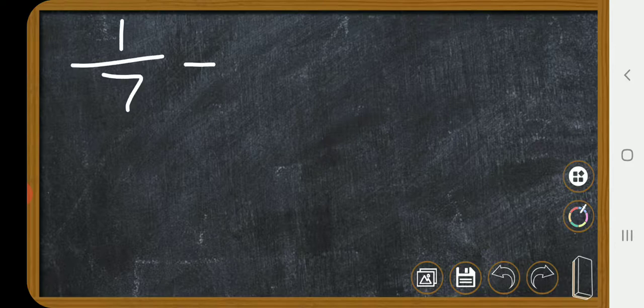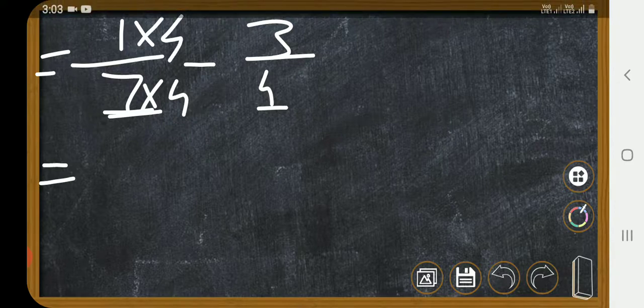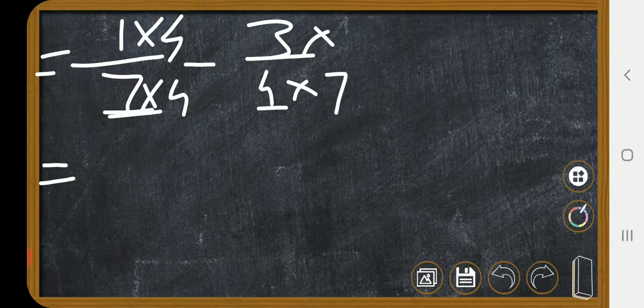1 upon 7 minus 3 upon 4. Okay, the denominator is different. You cannot convert 7 into 4 or 4 into 7, but we can convert both to 28. We multiply 7 by 4 and do the same with the numerator, and multiply 4 by 7 and 3 by 7.